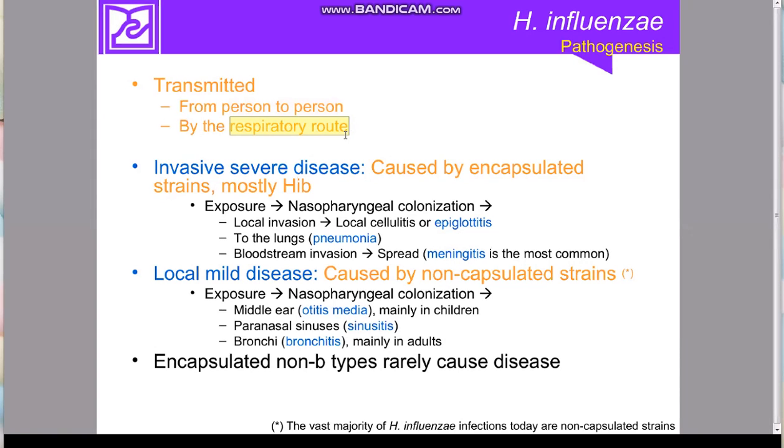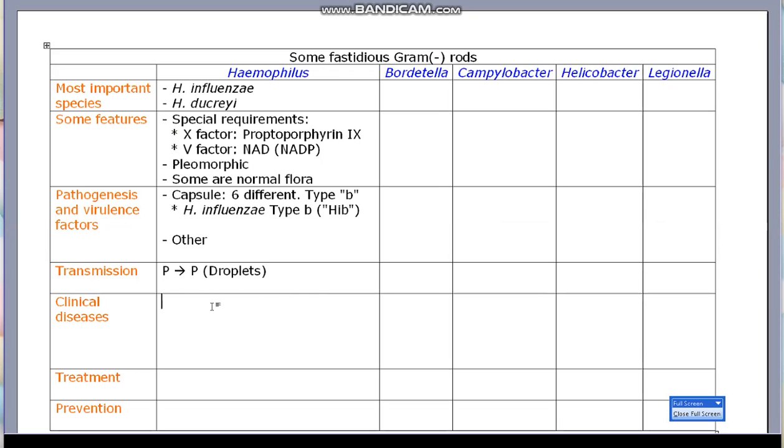Haemophilus influenzae may cause many different diseases. Some of them are local, mild diseases. Others are severe, invasive diseases. So we are going to classify these diseases into 2 groups. So I go to the table. The first one, mild local diseases.